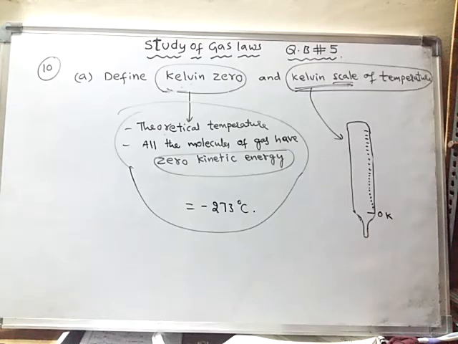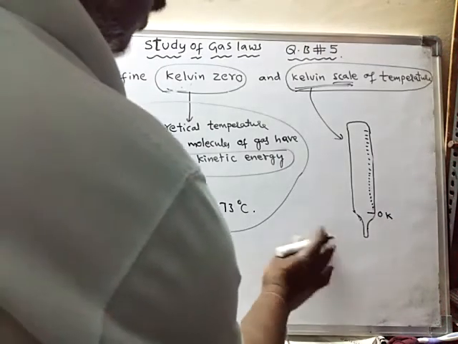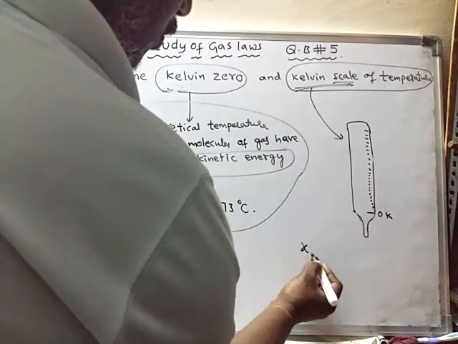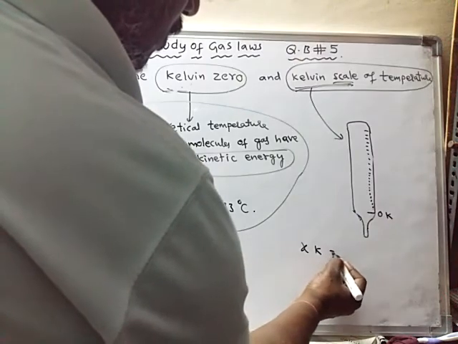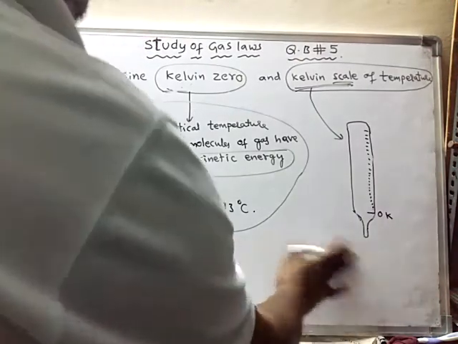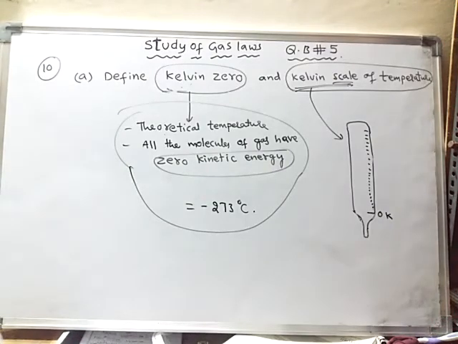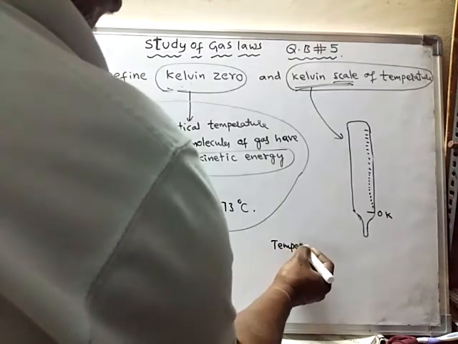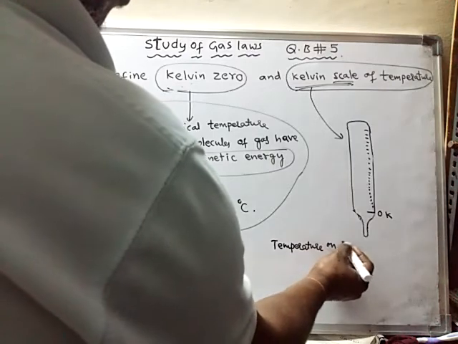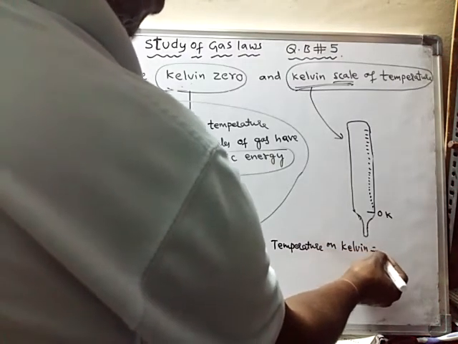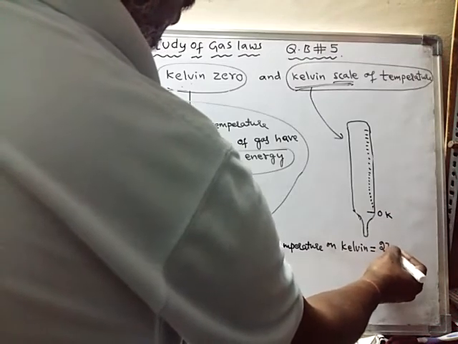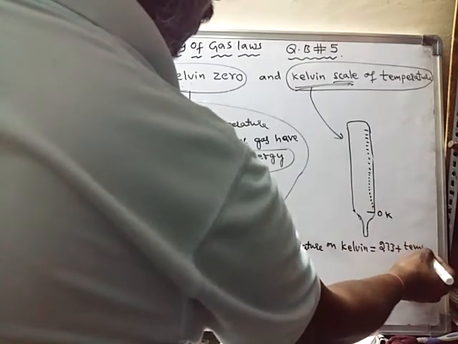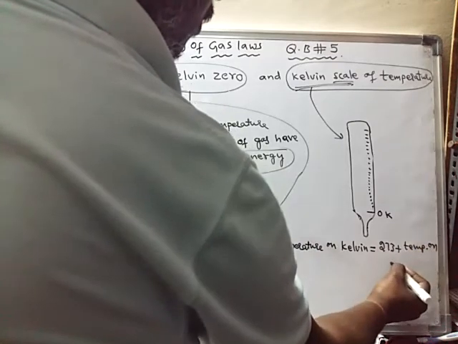How do we calculate the temperature on the Kelvin scale? Temperature on the Kelvin scale will be equal to 273 plus temperature on the Celsius scale.